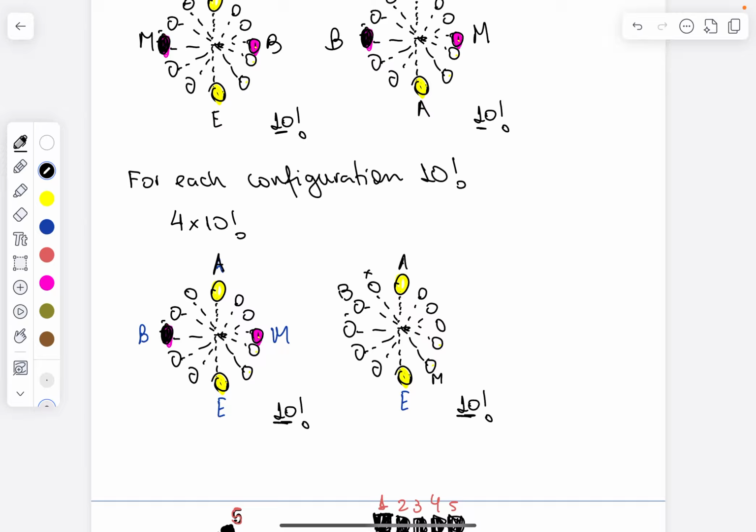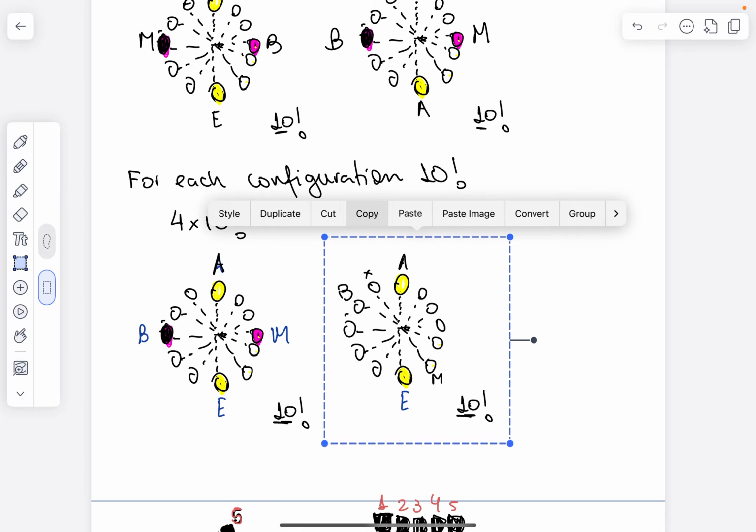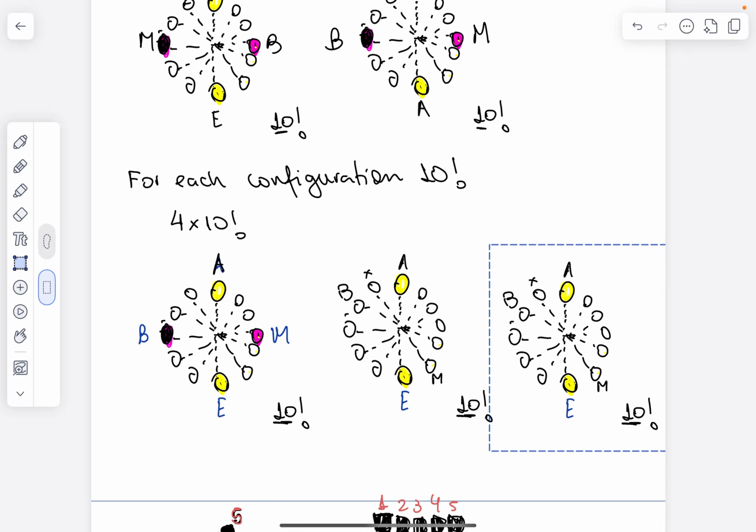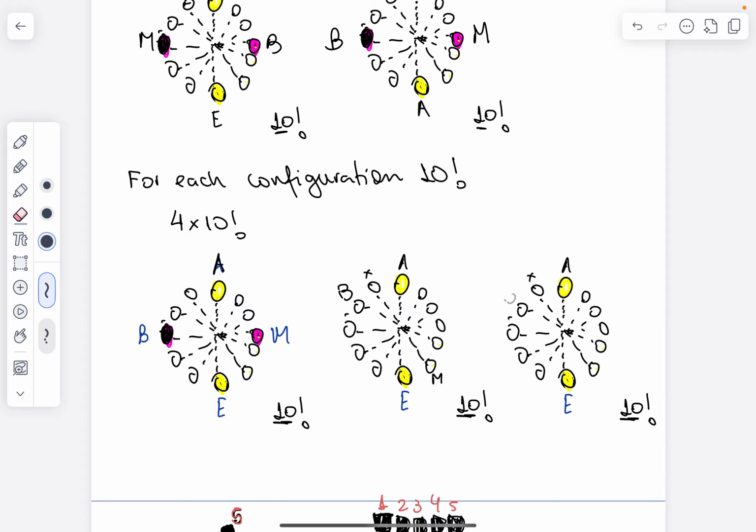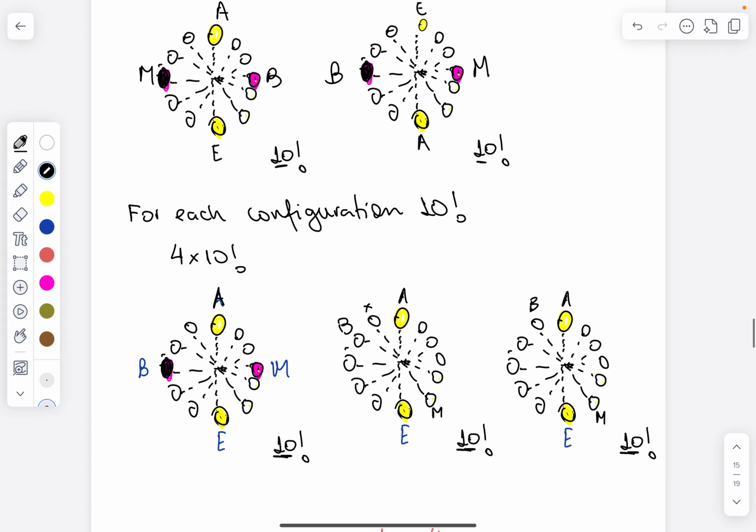And the other option is to have B and M sitting beside, okay? Right? So I have 3 configurations. The other configurations are accounted for in the 4 little specifications.